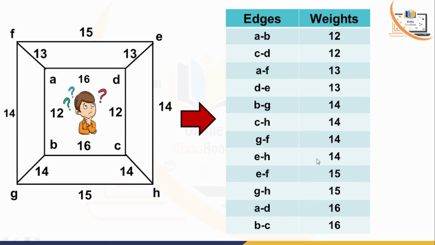Okay, after that, look, this is 15, obviously the connections are EF and GH, and at the end we have the weight 16 multiple times, so we take AD arbitrarily first and BC second. So this is the total table of the edges and weights.